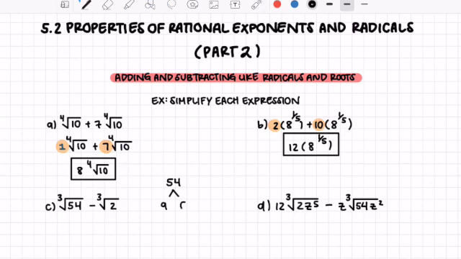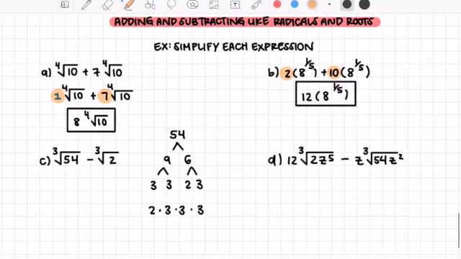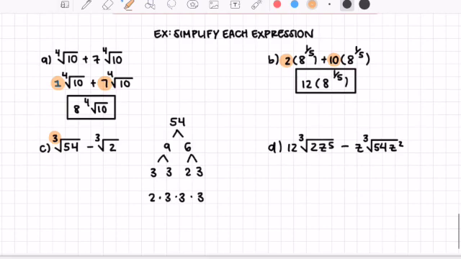So you can use 6 times 9. 9 can be 3 times 3. 6 can go into 2 times 3. So I do know that my prime numbers here are 2, 3, 3, and 3. And seeing over here, as I'm supposed to be taking out groups of 3, I know that I could take out a group of 3's right here from my cubic root.